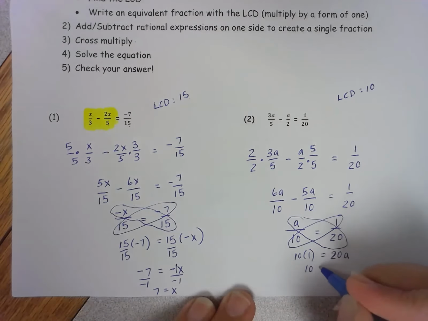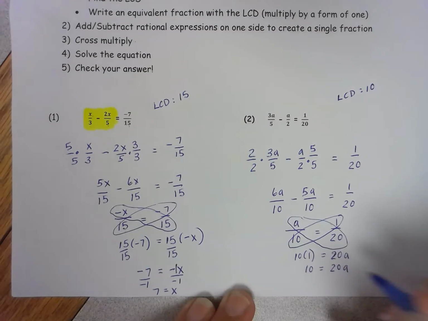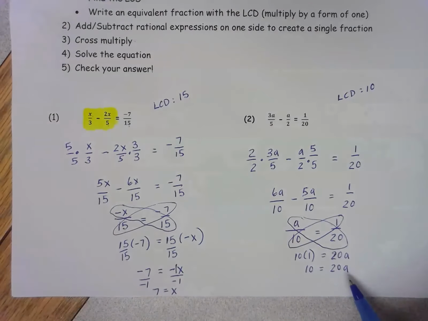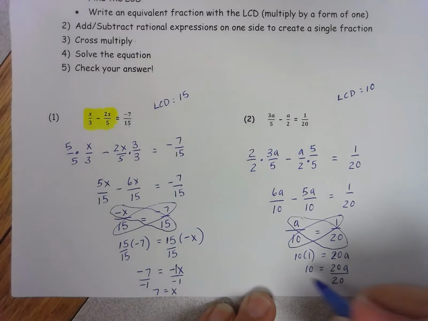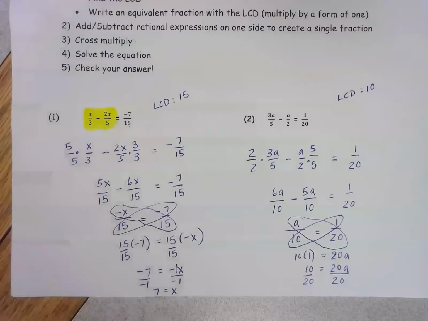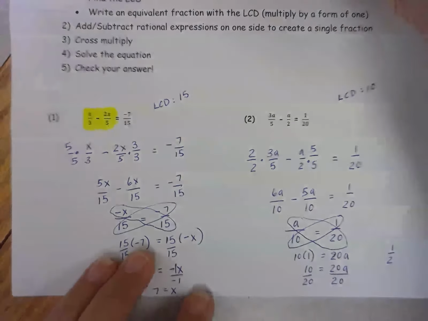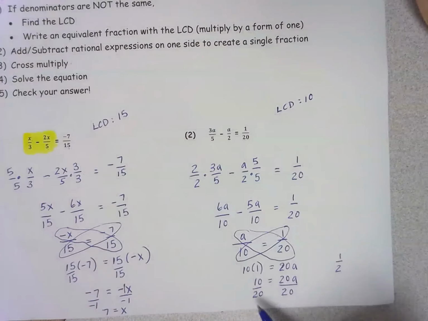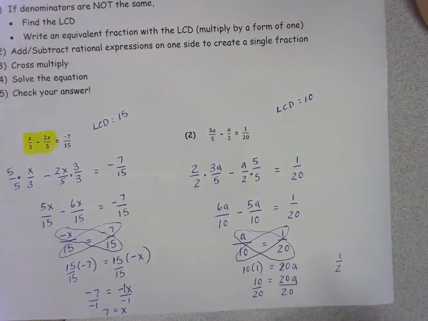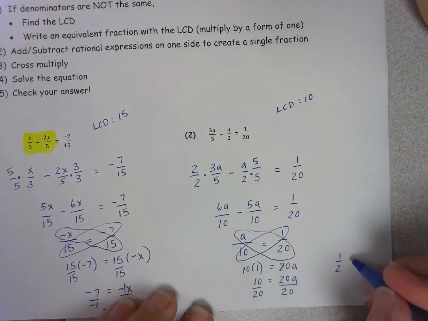10 times 1 is 10, equals 20a. To isolate a, instead of multiplying by 20, I'm going to divide by 20. So 10 over 20 is 1/2. We could either write 1/2 or 0.5. Just make sure your fraction is reduced, and we can change this to a decimal as long as it's not a repeating decimal.